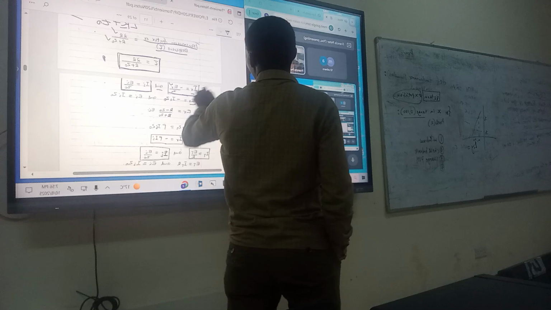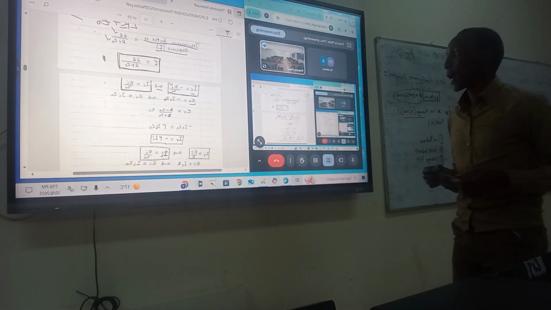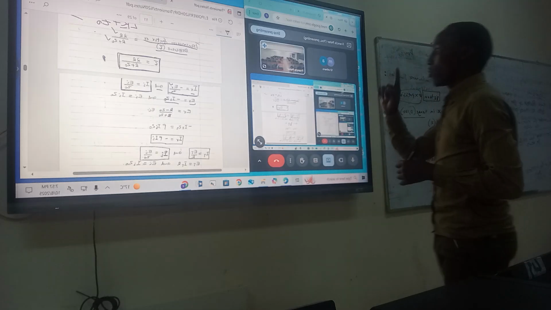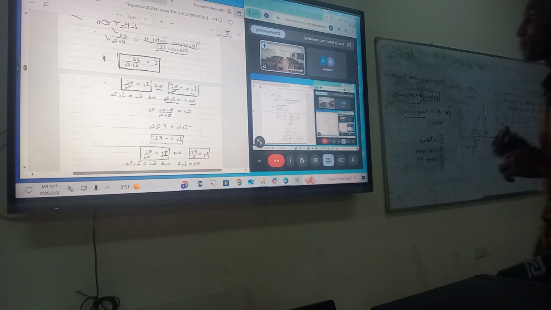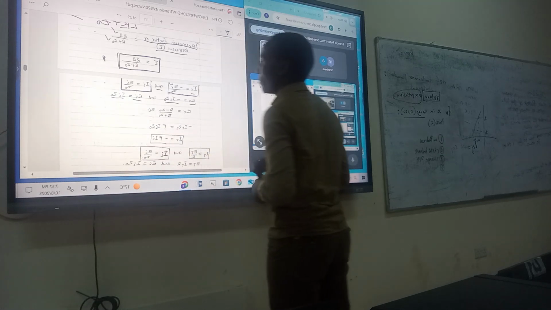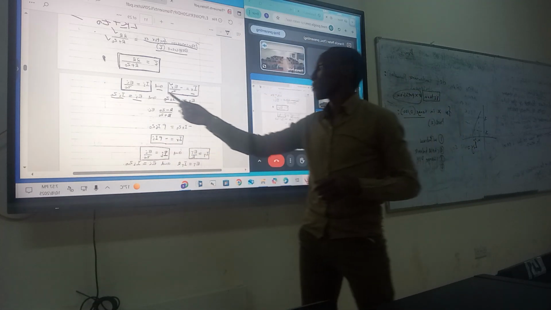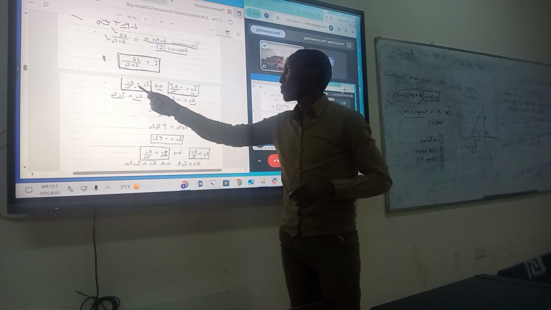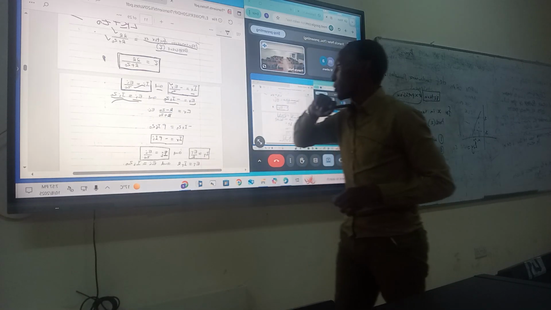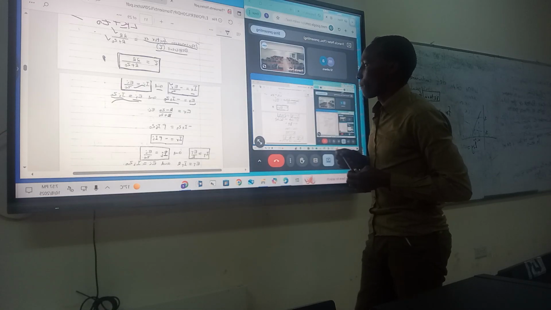That means Z naught will be multiplied by IR, which gives you the first part. On the second part, you are supposed to note that EI will be equal to II Z naught, by just doing a cross multiplication, so that now the second side will be that one.